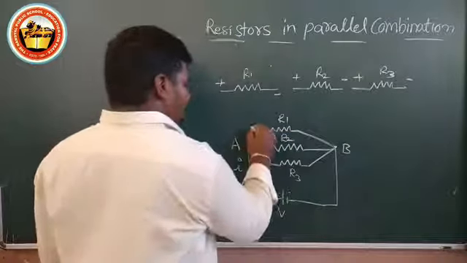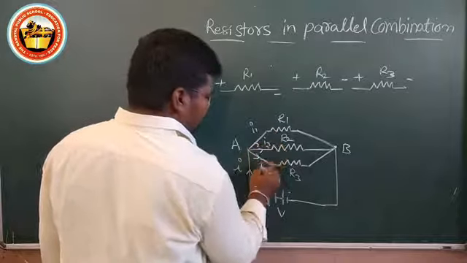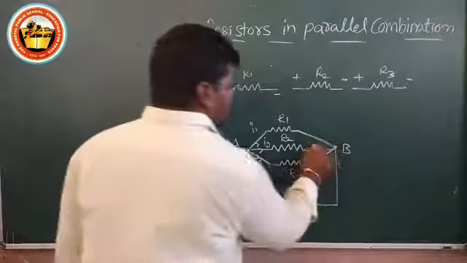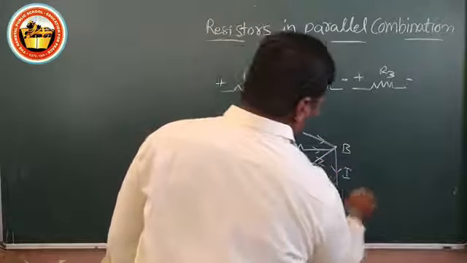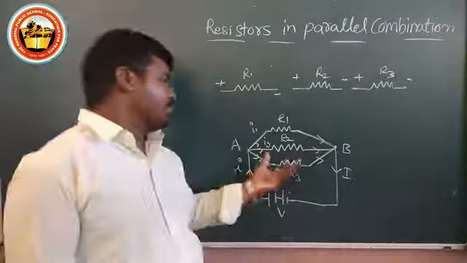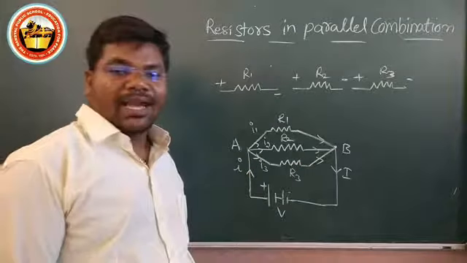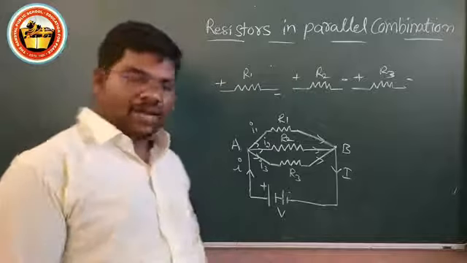Here are currents I1, I2, I3, and they add up to I throughout the circuit. This type of connection we call a parallel combination.